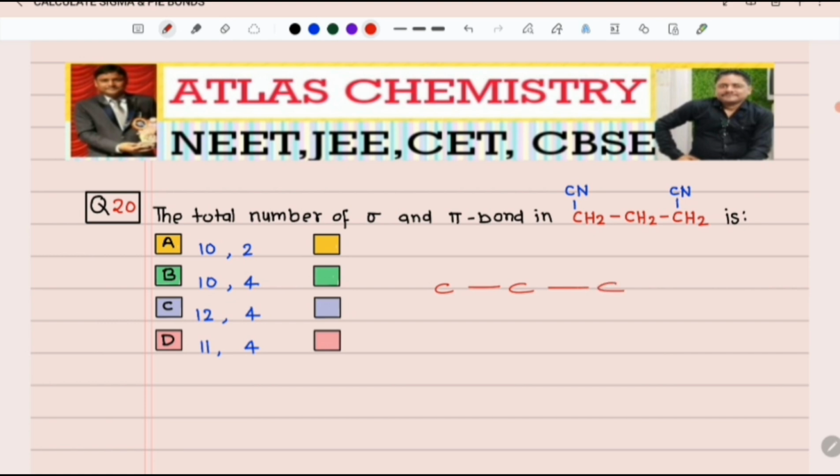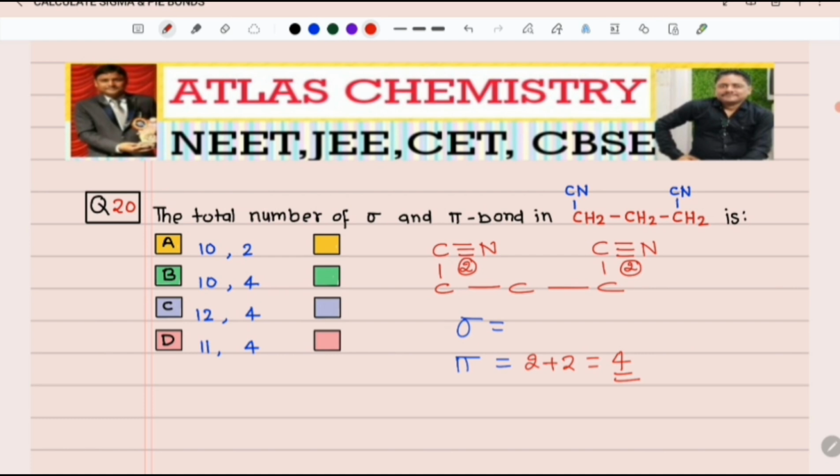और फिर फर्स्ट और थर्ड पे साइनाइड ग्रुप अटैच है, तो सी और साइनाइड ग्रुप ट्रिपल बॉन्ड से अटैच होता है। तो यहाँ पे हमें सी ट्रिपल बॉन्ड एन मिल जाएगा, ठीक है। Now we have to count the total number of sigma bonds and pi bonds. सो स्ट्रक्चर से हम आसानी से देख सकते हैं कि यहाँ पे दो पाई बॉन्ड है और यहाँ पे भी दो पाई बॉन्ड है। So total 2 plus 2, 4 pi bonds are there.